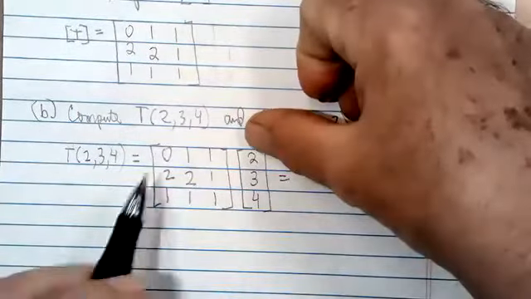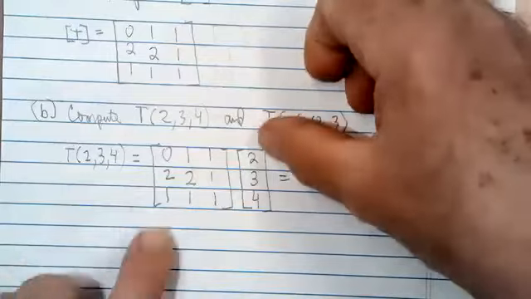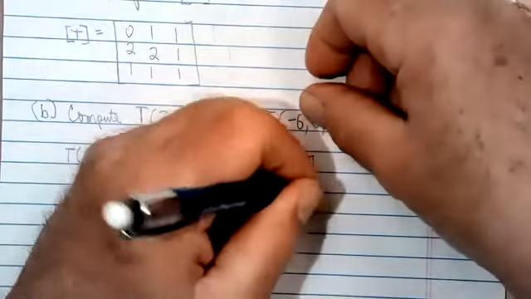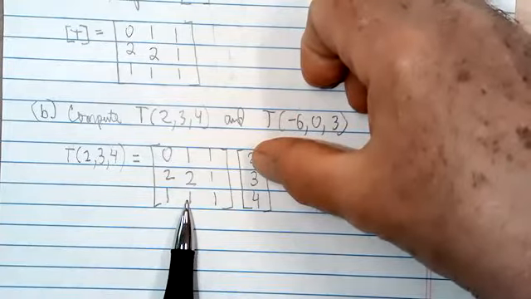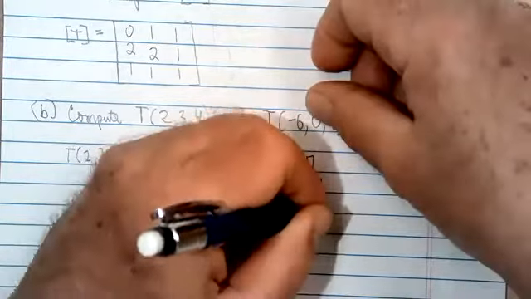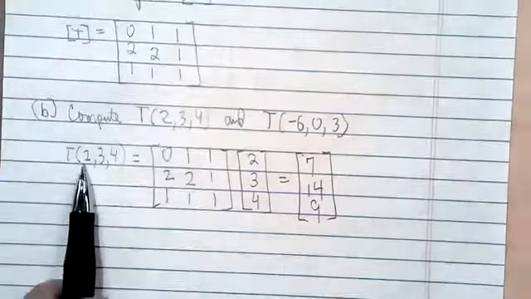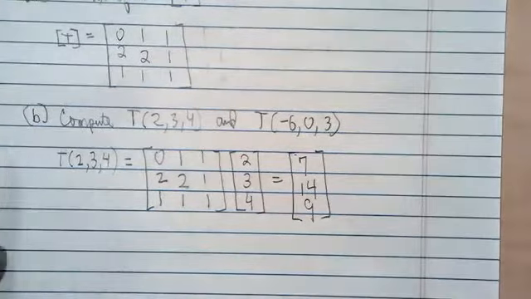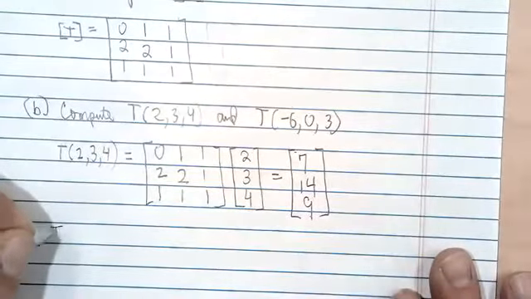And that looks like a mess. What do you get? 0, 3, and 4, 7 for the first entry. 4 and 6, 10, and 4 more are 14 for this one. And then 2 and 3, 5 plus 4 are 9. So 7, 14, 9 is, the language is this, the image of 2, 3, 4 under T. Does that make sense? Yep.